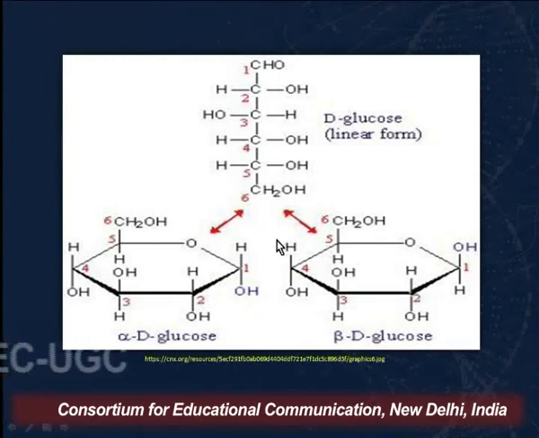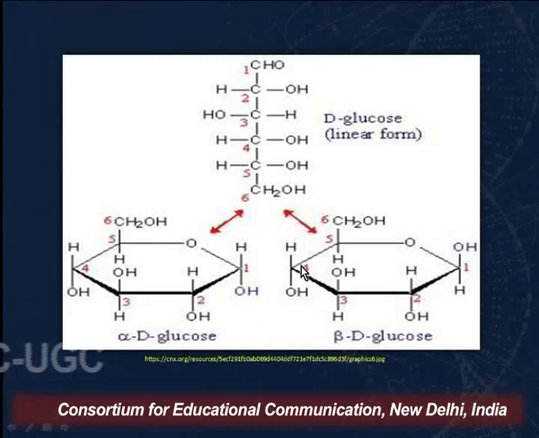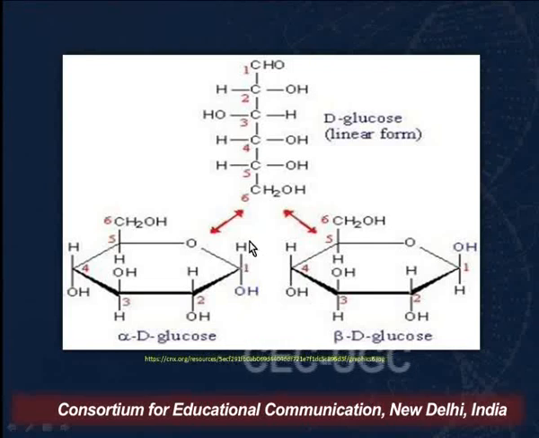Whereas, if you look into the structure of alpha D glucose and beta D glucose, the alcoholic group on the 5th carbon has reacted with the aldehyde group on the 1st carbon, resulting in two cyclic structures, and in these two cyclic structures we cannot find a free aldehyde group.